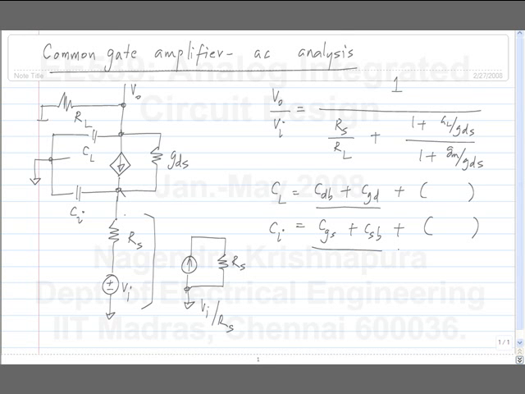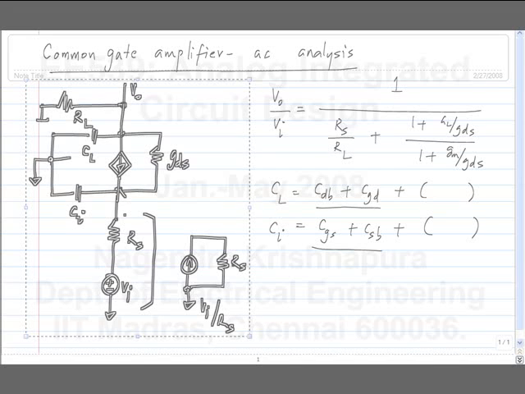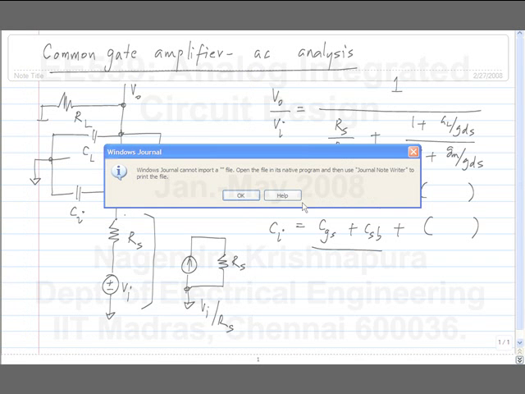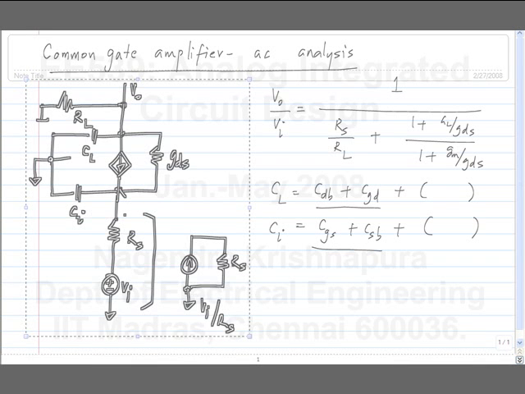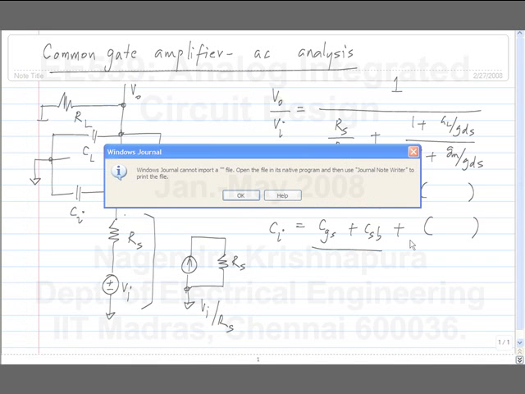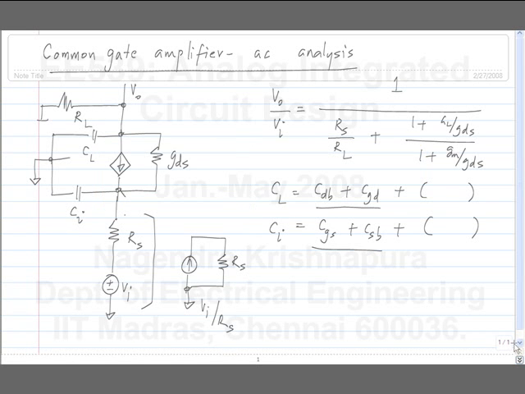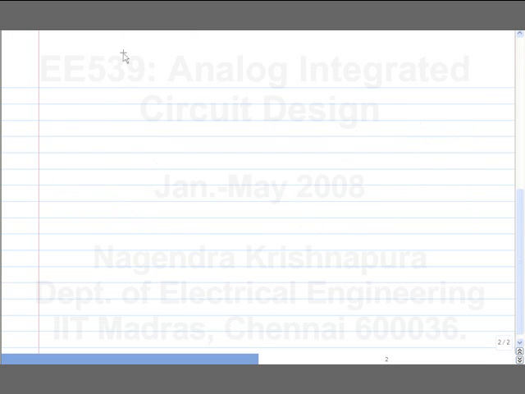So, one suggestion is that we ignore GDS in the analysis. Anyway, if we ignore GDS, we have this.